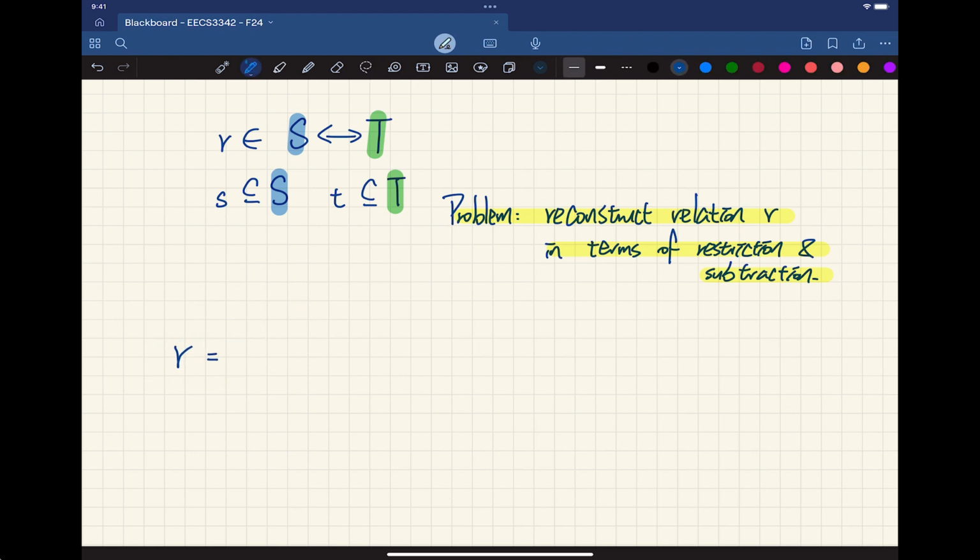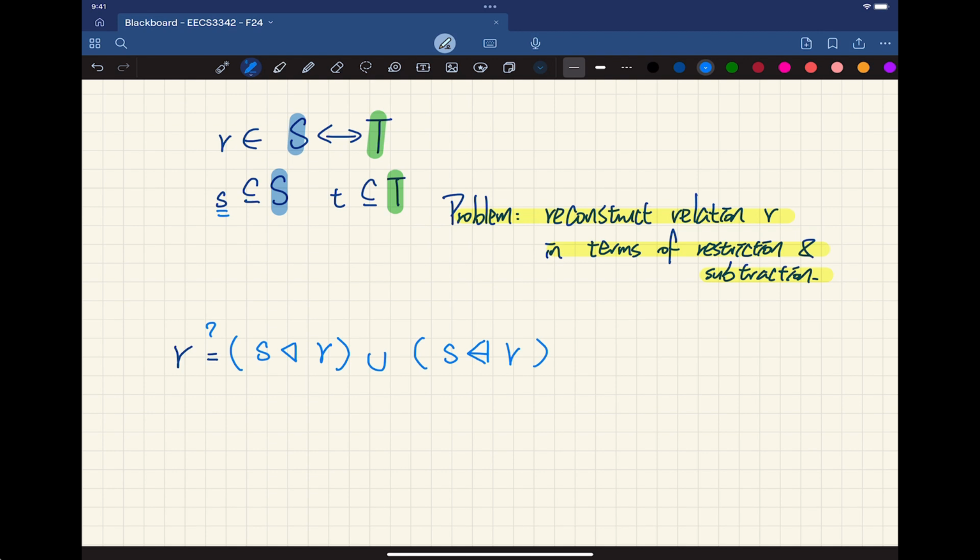Let's say if I got one set already, that's a set. If I say R is going to be, let's say, R domain restricted to S, union with R domain subtracted by S. Does this hold? I'll put a question mark over here.